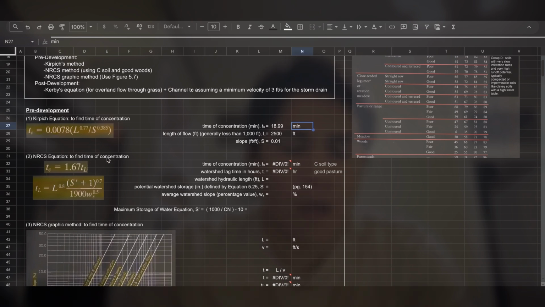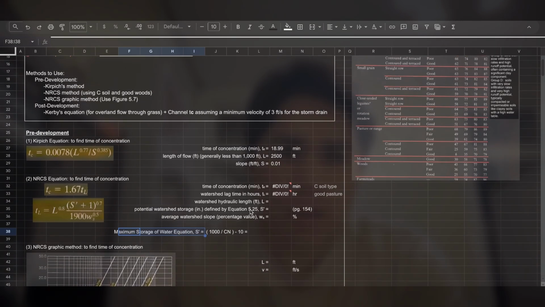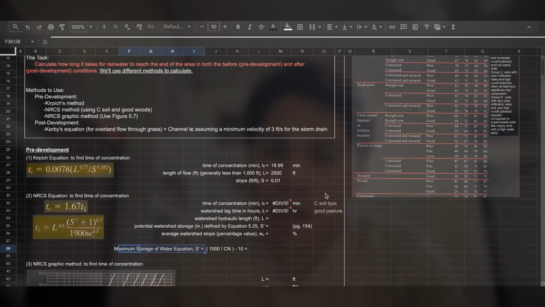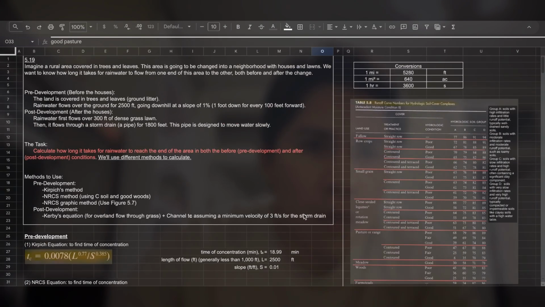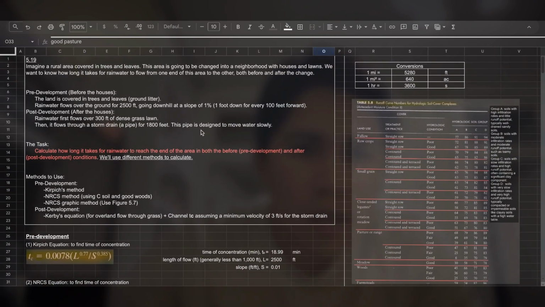Using the NRCS equation, again, you need to solve for the lag time first, which will require you to get a curve number to solve for the maximum storage of water, or the saturation storage. So we're again gonna assume that the soil type is type C and we have good pasture. Actually, it mentions wood, I think, in this problem. I think the problem in the book mentions good wood instead of just trees and leaves.